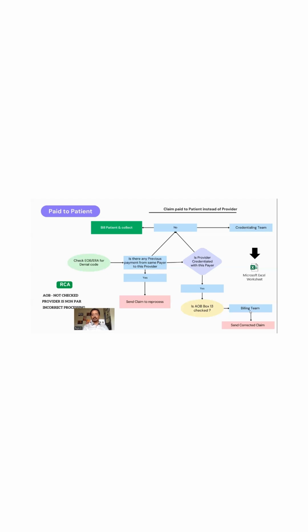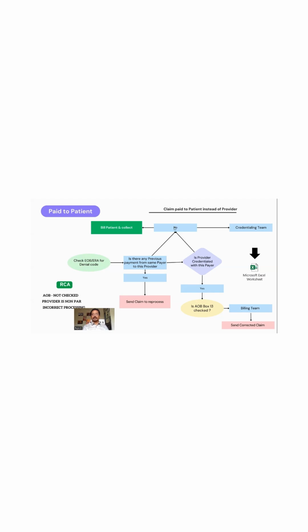In that scenario, you go back to the billing team and identify how this happened. For example, if you're starting billing newly with a new PMS, these kinds of scenarios may happen, but it's not a regular one. It will get fixed: you go back, fix it, and send a corrected claim. And your credentialing team will work on the credentialing for this doctor if it is required.